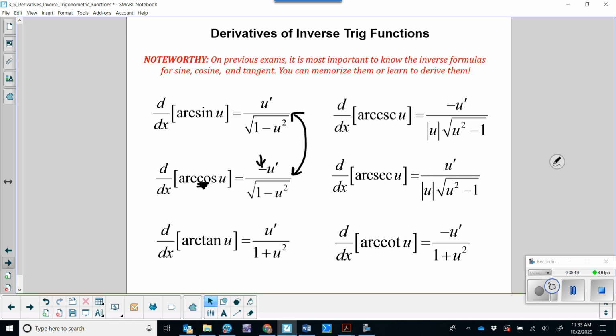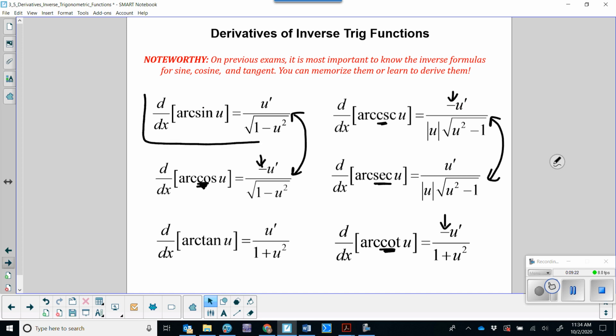And if you look at arc cosecant with arc secant, same formula, only the co-function is negative. And same thing with arc tangent and arc cotangent. So really the only three that you actually have to memorize are arc sine, arc secant, and arc tangent, and then the other ones, the co-functions, just have a negative.